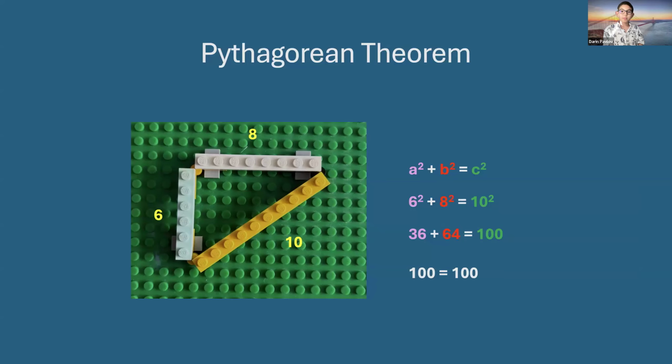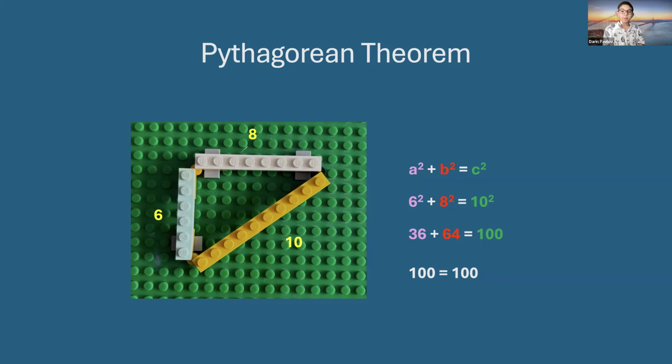Now, as we have the 90-degree triangle, we can explain the Pythagorean theorem. It is one of the most famous ideas in geometry. It helps us find the length of a side in a right triangle. The theorem says that a squared plus b squared equals c squared.